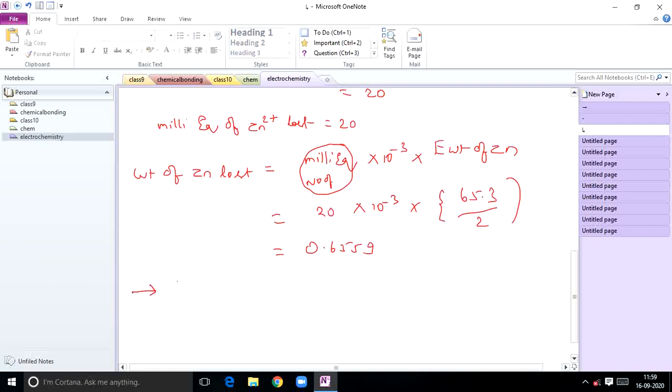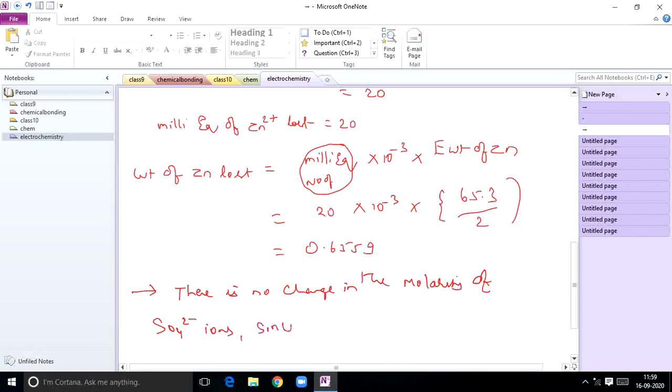Next. See, from that there is no change in the molarity of sulfate ion. Why?